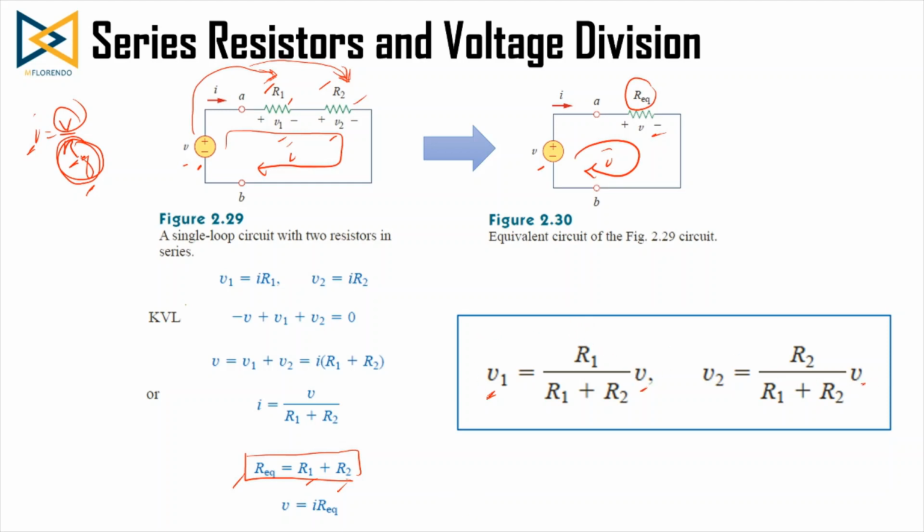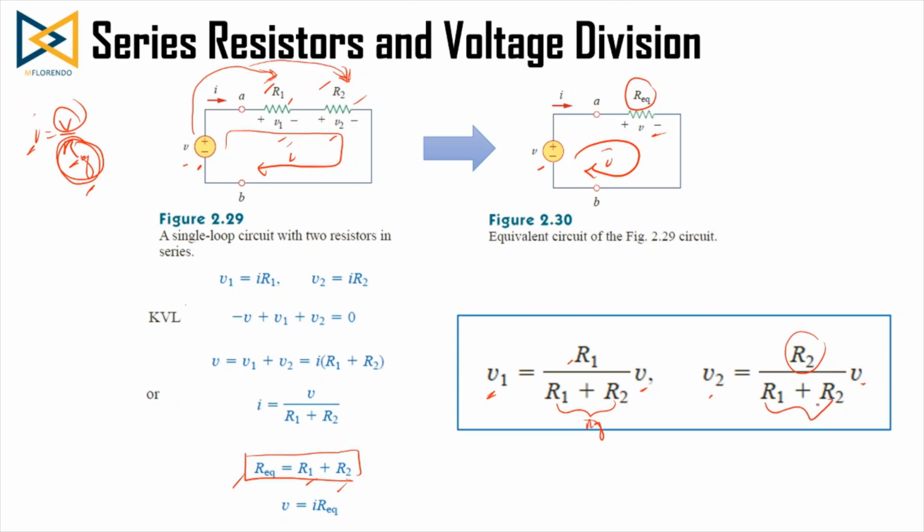So if we want to get V sub 1, all we have to do is multiply yung quotient ni R1 over yung R equivalent. So this is R equivalent. Then multiply by the source. And then, if we want to get V sub 2, palitan lang natin yung numerator. If we're talking about resistance or yung resistor 2, palitan lang natin siya ng R2.